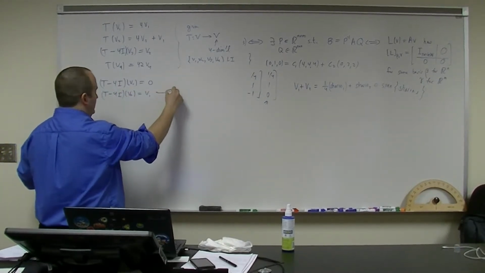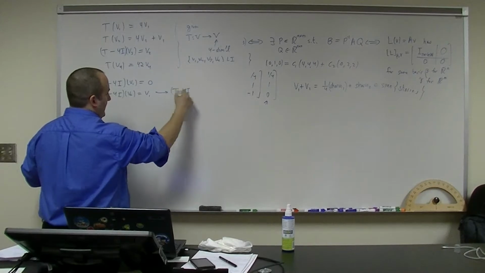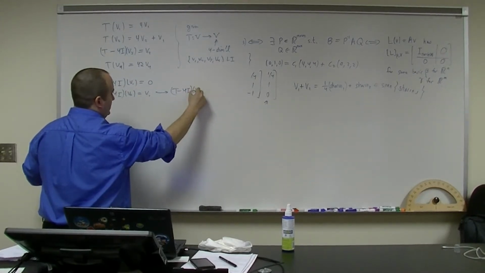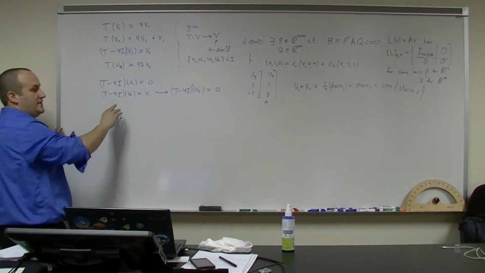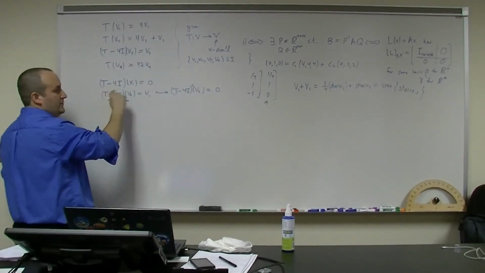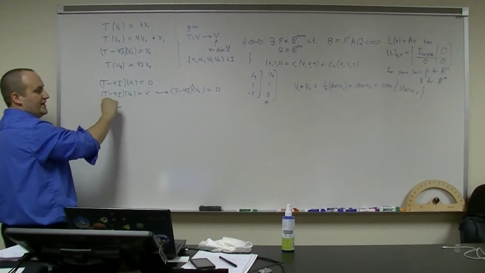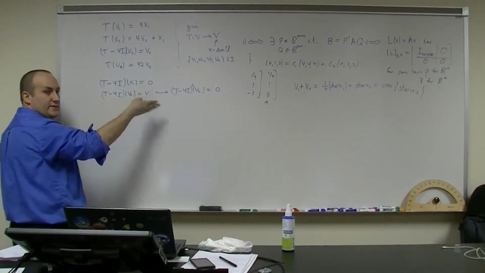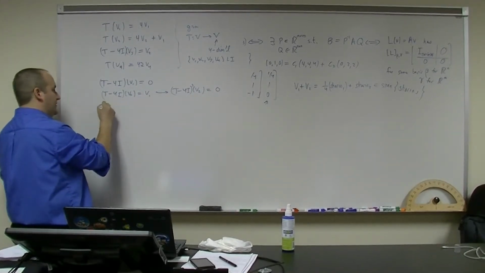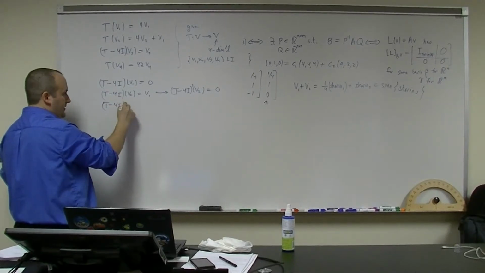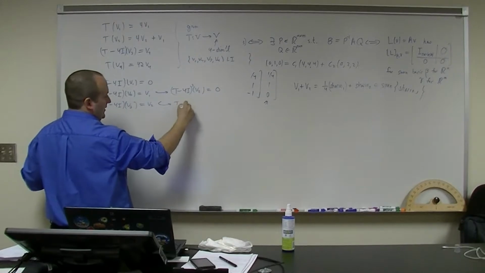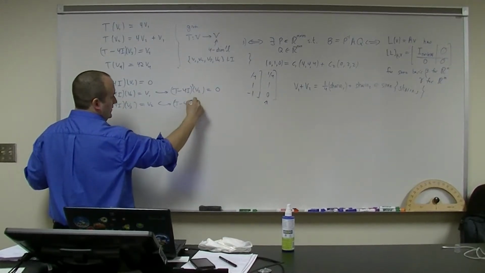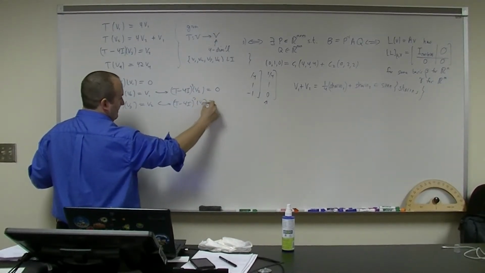You see, what that tells me is that (T minus 4I) squared times V2 is equal to 0, because when I multiply this by (T minus 4I) on both sides, I get (T minus 4I) on V1, which is 0. And then if I look at (T minus 4I) on V3, I get V2, so that tells me (T minus 4I) cubed of V3 is equal to 0.